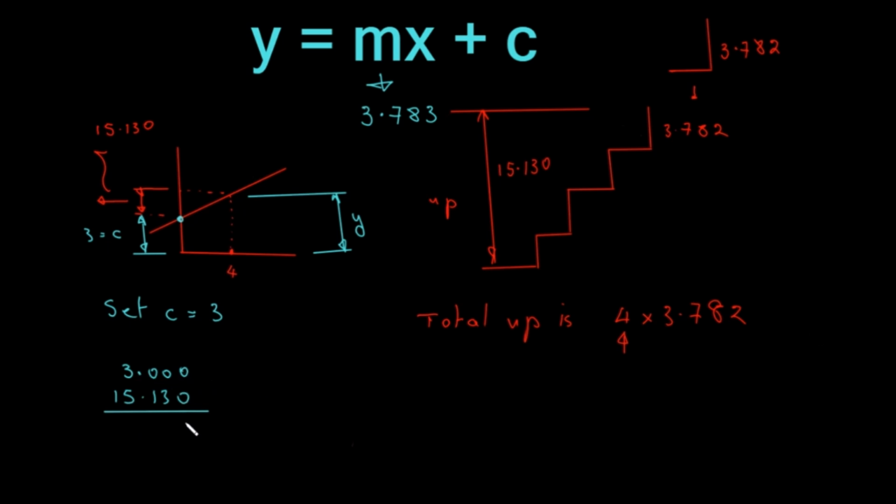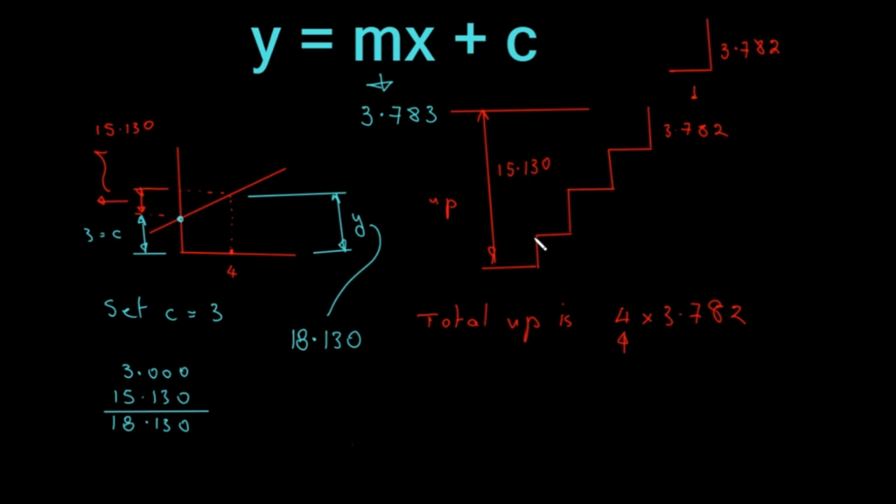So 0 plus 0 is 0. 3 plus 0 is 3. 1 plus 0 is 1. 5 plus 3 is 8. And 1. So the total distance for y is 18.130 approximately, because we've rounded it off.